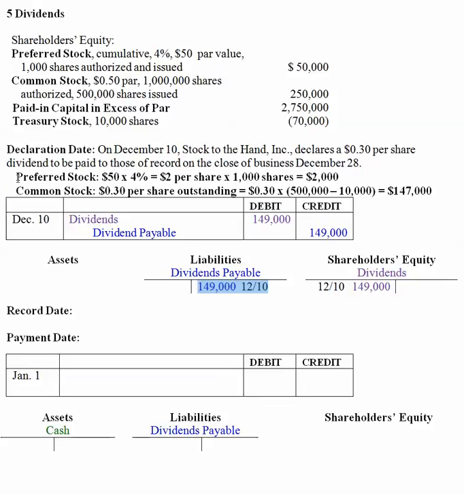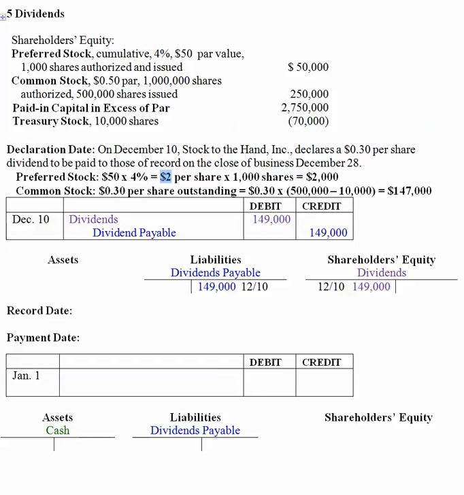Well, it's payable to whoever holds the preferred and common stock as of the close of business on December 28th. That's called the record date, or date of record. So if you hold those shares on that date, you'll be entitled to the 30 cents if you own common shares, and $2 if you own preferred.